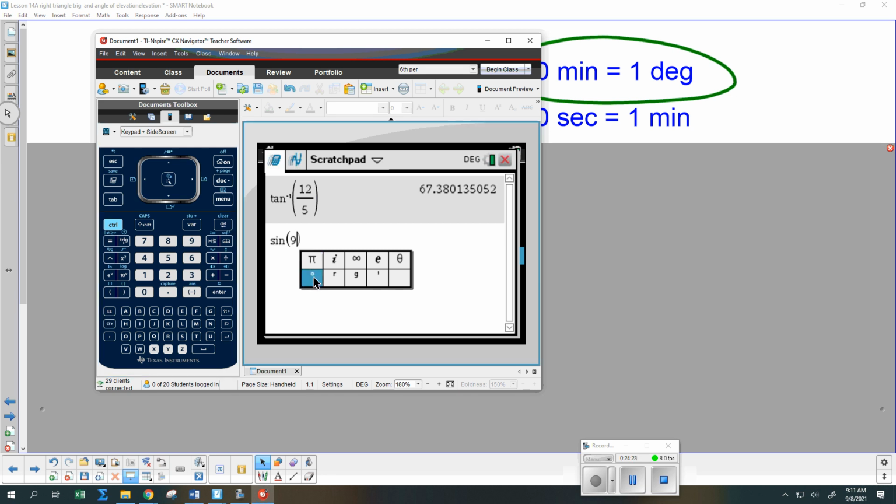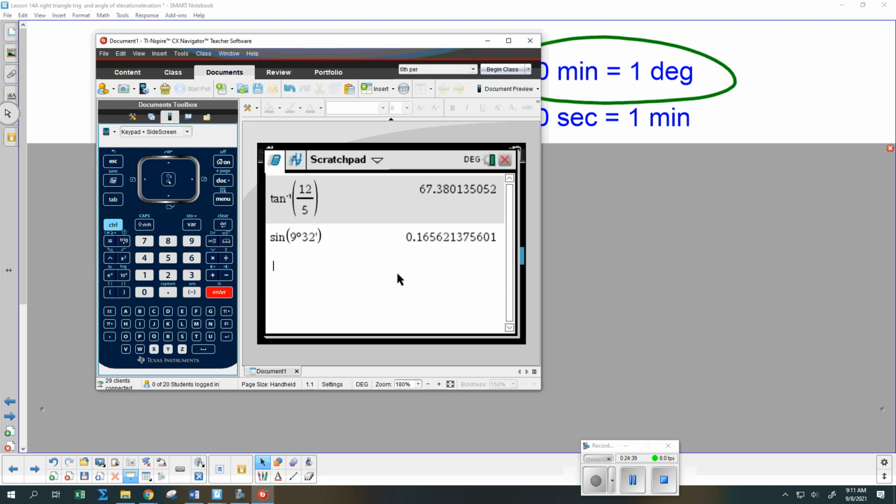You hit that, and then enter so that it types that. And then we would do the 32, and then we'd go back to that pi button again, and under the E is a symbol for minutes, and then we do enter, write that in, and then we do enter again for the calculator to evaluate what that sine is.